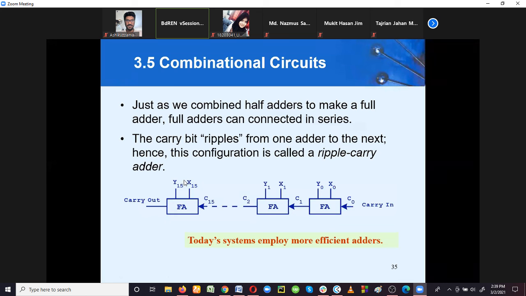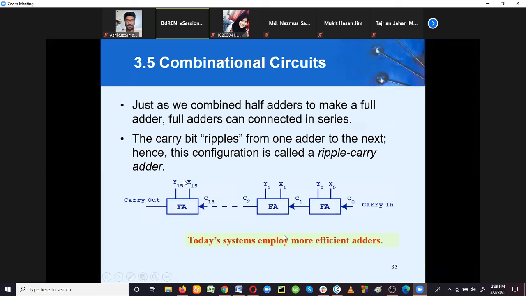What is ripples factor? I will not say. After going home you will search it, recall your memory. The carry bit ripples from one adder to the next, hence the configuration is called a ripple carry adder.